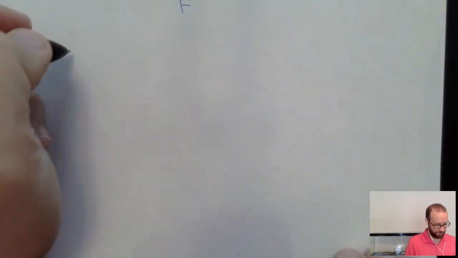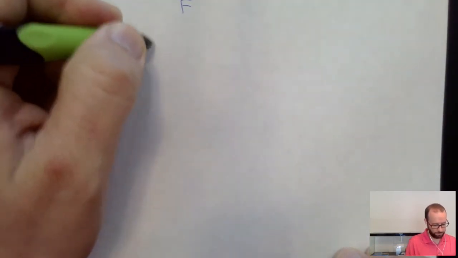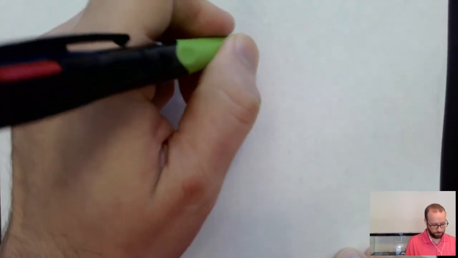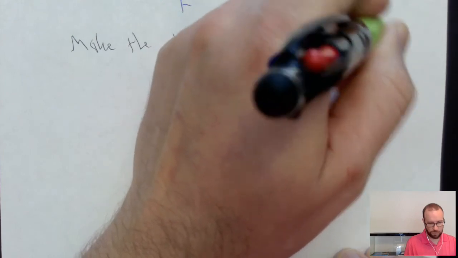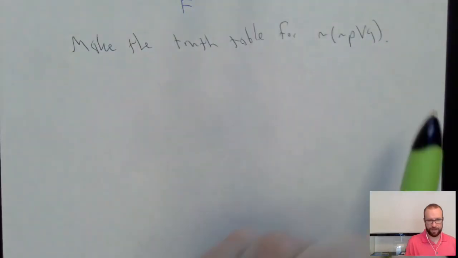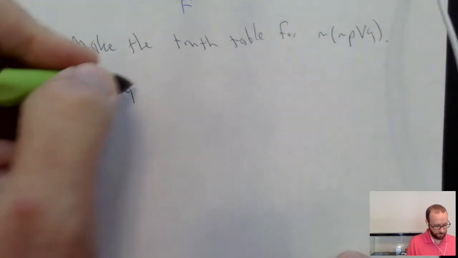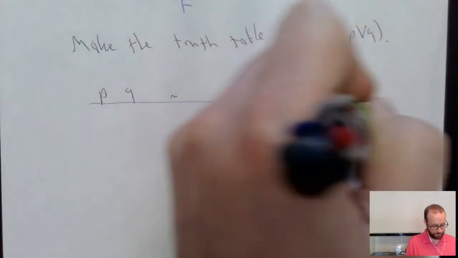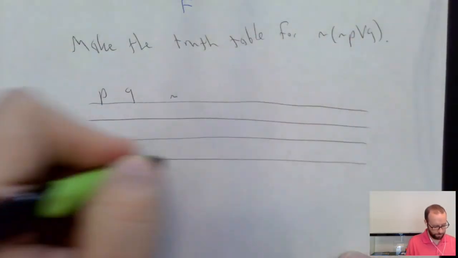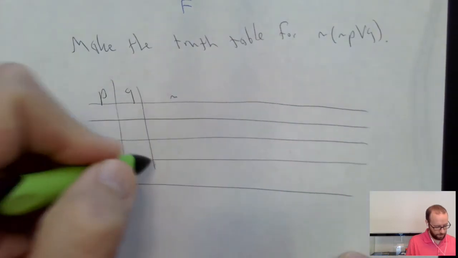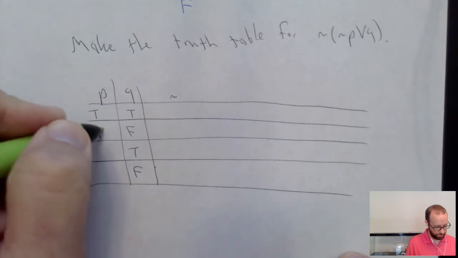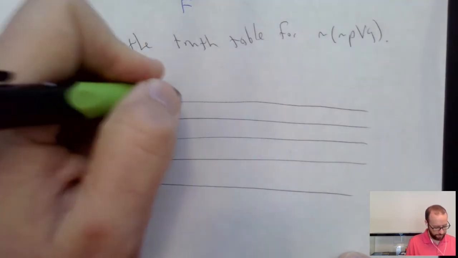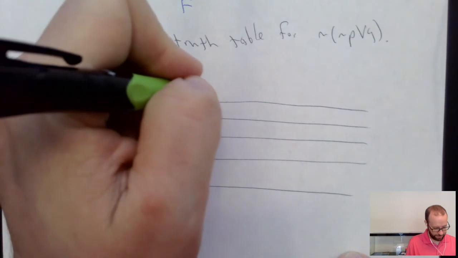And then also, we'll do things where we make truth tables. If I wanted to make the truth table for it is not true that not P or Q, basically what I'm doing is I'm going to create something where I have all the possible inputs for P and Q. And then I'm going to have across the columns here my steps.